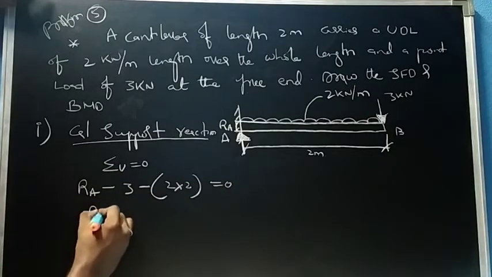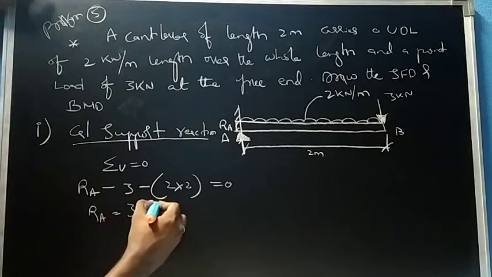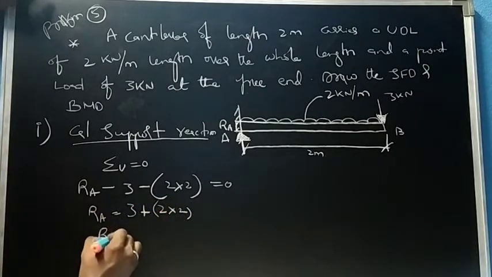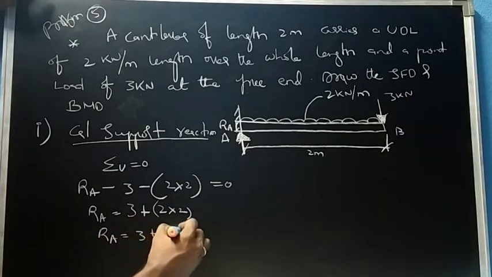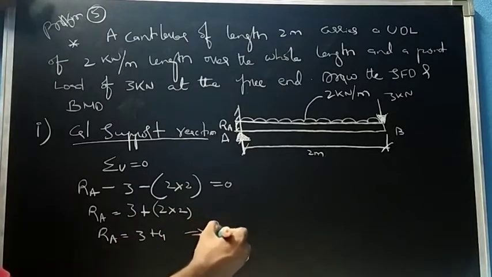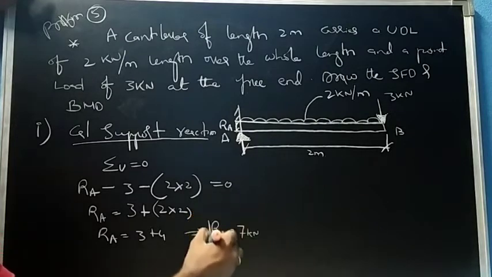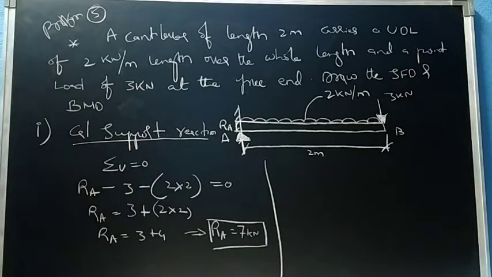From here RA equals 3 plus 2 into 2, so RA equals 3 plus 4. That gives RA equals 7 kilonewton. Clear? So this is how we can find the support reaction.